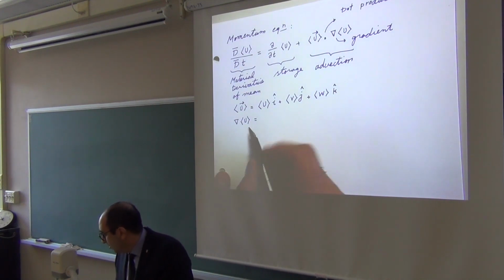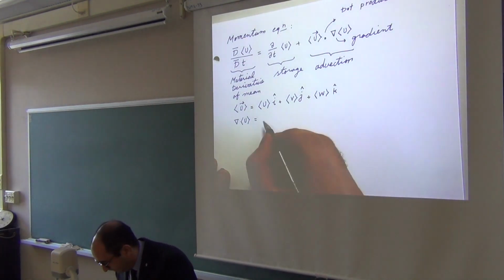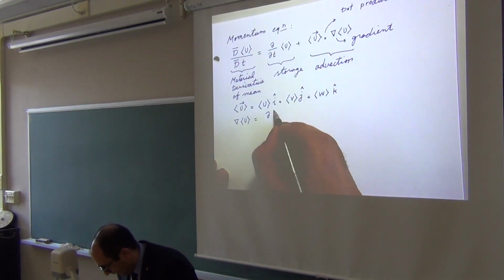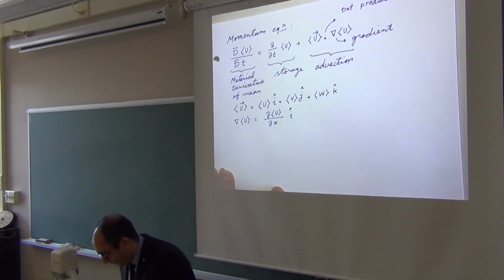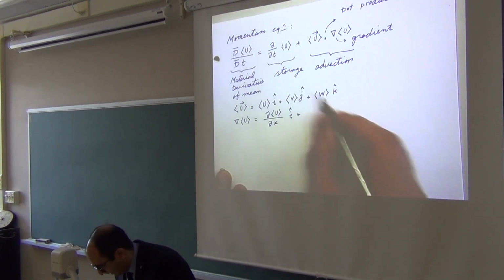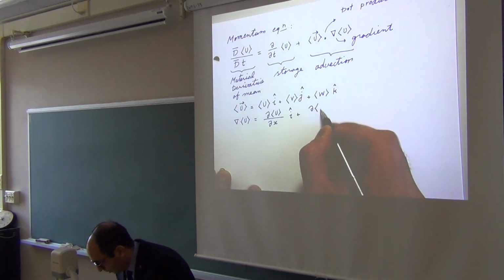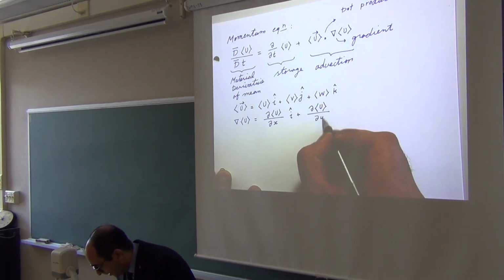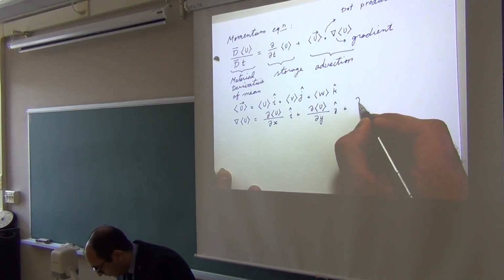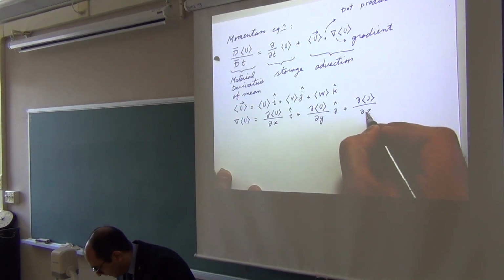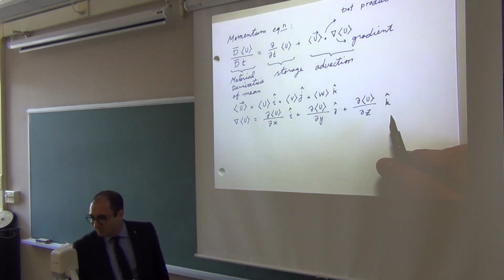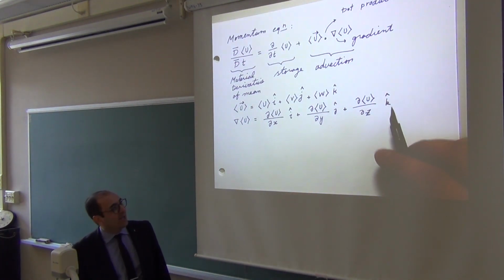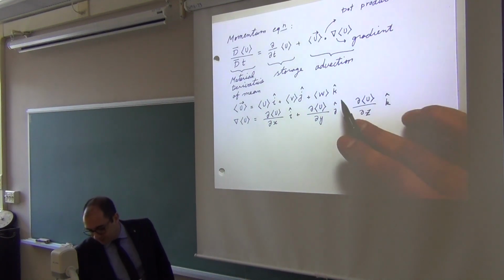So the gradient of u turns out to be a vector, because you take partial derivatives with respect to x, y, z, and each one is in a specific direction: partial u partial x i, partial u partial y j, plus partial u partial z k. Don't confuse this k with kinetic energy or the Coulomb constant. That's just unit vector k, so I put a hat on top of it.